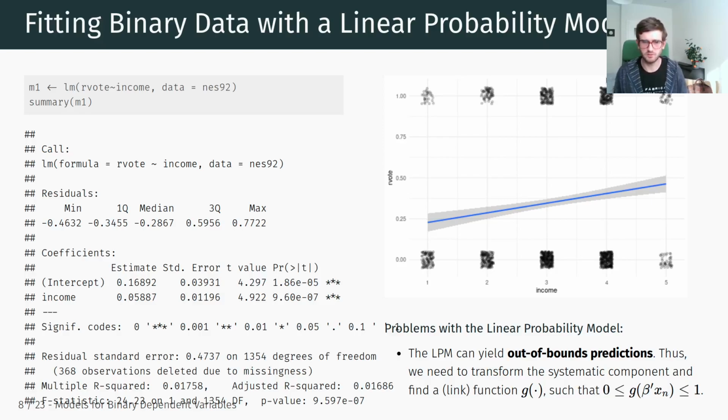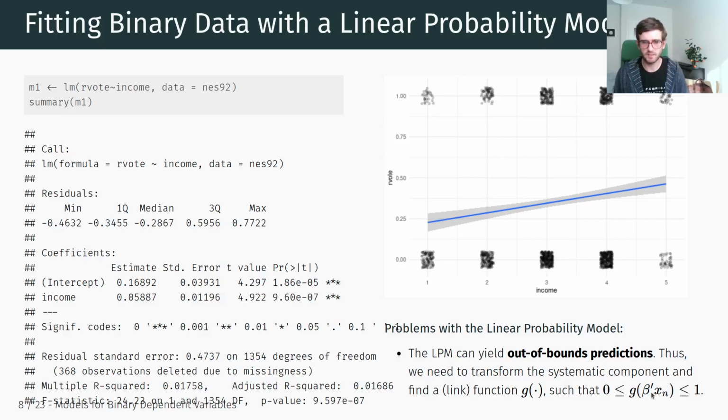conditional on our predictors. Okay, so in order to solve this issue of out-of-bounds predictions, as well as the issue of how to exactly quantify the uncertainty around our estimates, we need to transform the systematic component beta prime times x_n with some link function that maps this linear systematic component, which ranges theoretically from minus infinity to plus infinity, into the range of probabilities, which just range from 0 to 1, right?